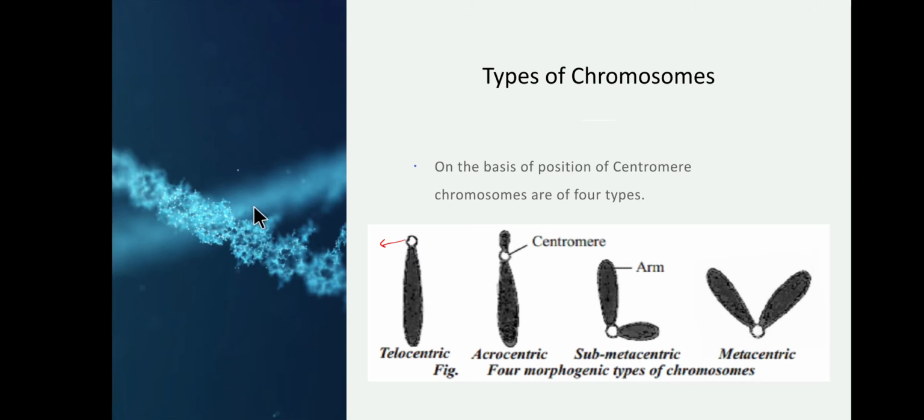If the centromere is present towards the center, it is called a submetacentric chromosome, and if the centromere is present exactly at the center, it is called a metacentric chromosome. So, let us discuss this in detail.